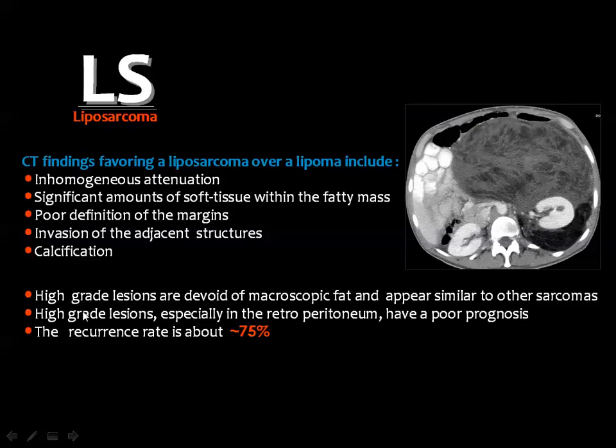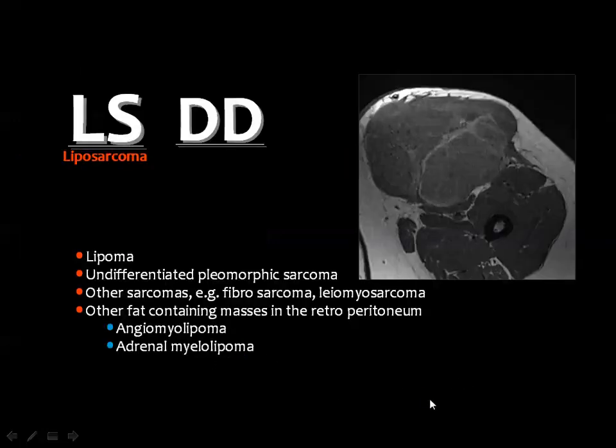Then, high-grade lesions are devoid of fat. High-grade liposarcoma may not contain any fatty component on imaging at all, and it is exactly similar to other types of sarcomas. High-grade lesions, especially in the retroperitoneum, have a very poor prognosis. The recurrence rate is about 70%.